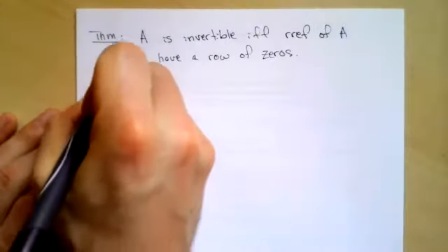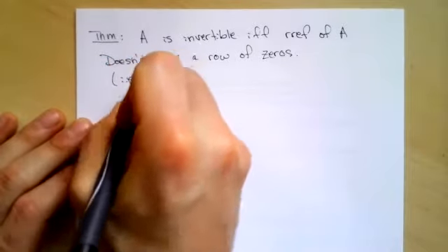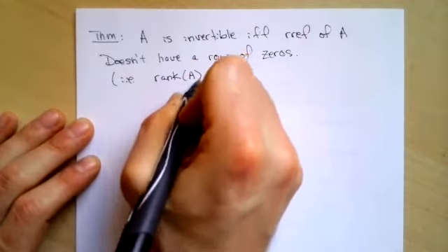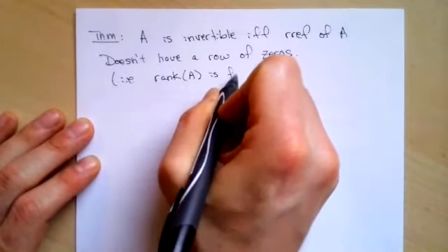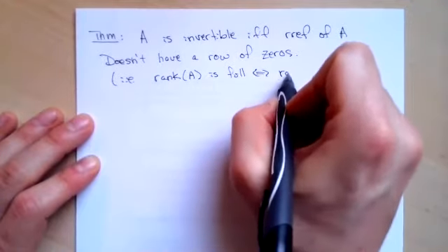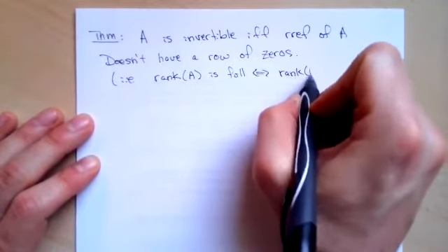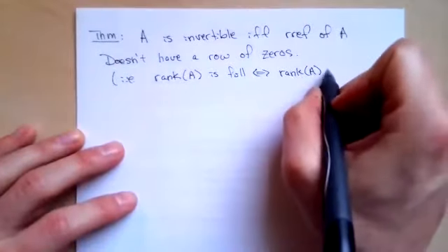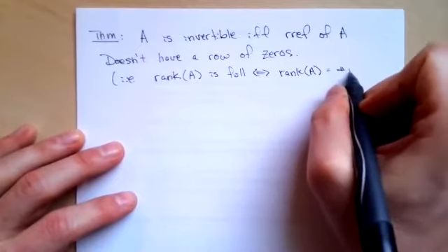This is what we call full rank. The rank of A is full, which means that the rank of A for a square matrix A is equal to the number of rows.